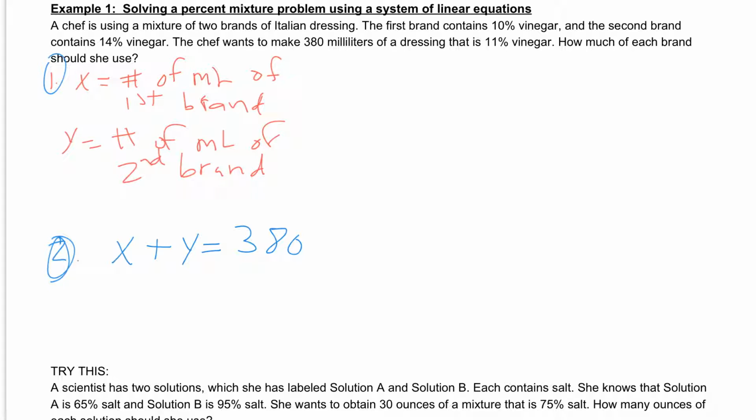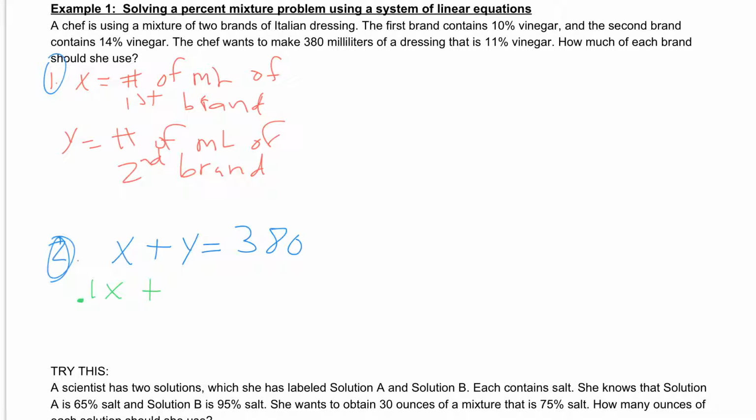Then, since this is a percent problem, we are going to take the percent of everything that we have. We want 10% of the first one. We want the second brand to contain 14%, and we want our final one to contain 11%. So I'm going to take each one of these and multiply them by their percent. x, which is the first brand, we want it to be 10%, so I'm going to take 0.1, which is 10% as a decimal, times x.